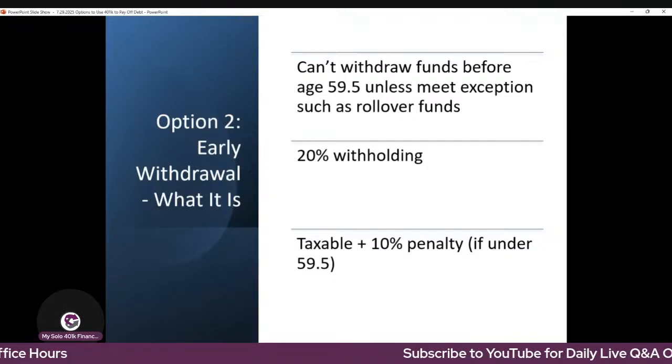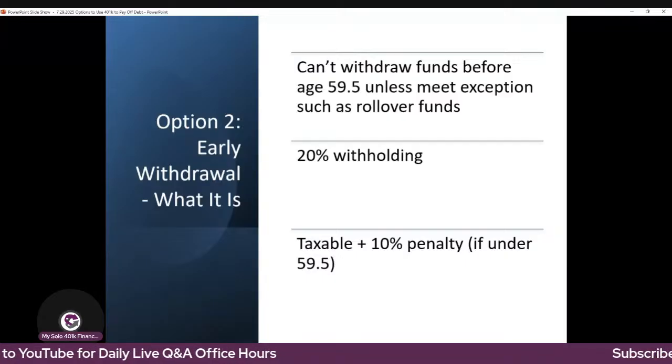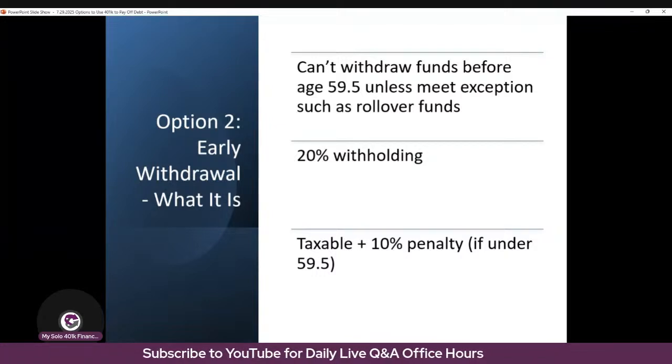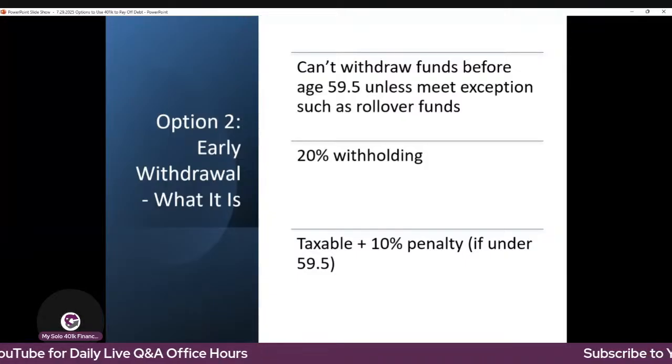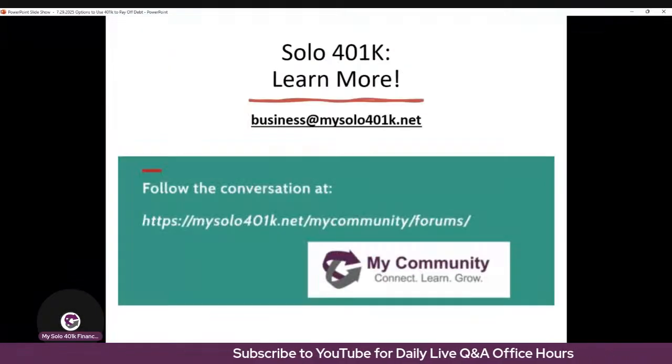And then they're still going to have to report the entire $10,000 as income for the year of the distribution. If the 20% doesn't cover the taxes and penalties, there's a 10% penalty if under age 59 and a half, then you'd still have to pay more once you file your taxes by the following year. So the entire distribution is subject to taxes and possibly penalties, the full $10,000.